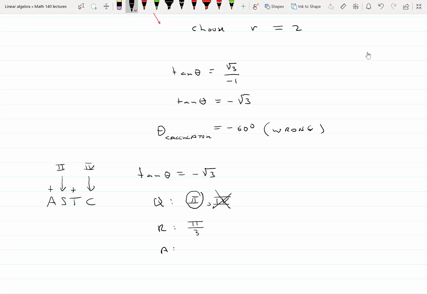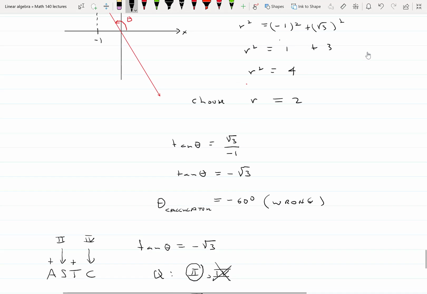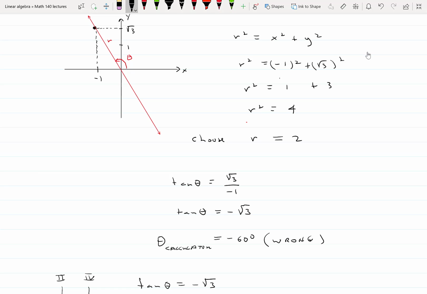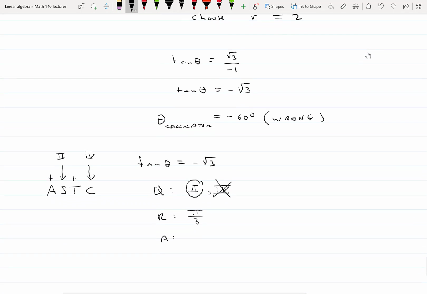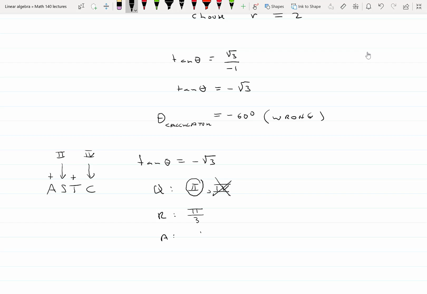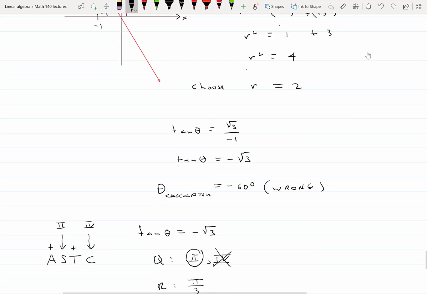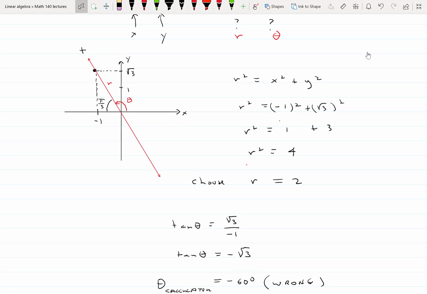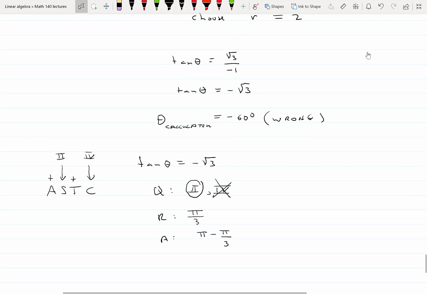The reference angle right here is π/3. The answer has to be pi minus π/3. If π/3 makes up the distance from theta to the negative x-axis, then the angle has to be pi, go all the way to pi, and then come back by that reference angle. That's 2π/3.